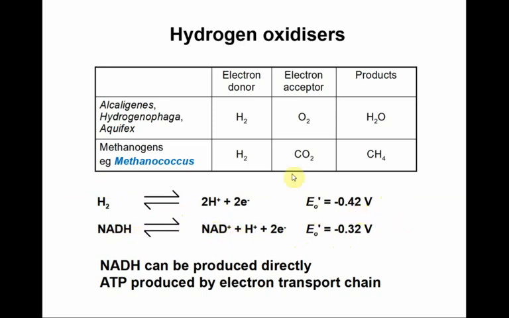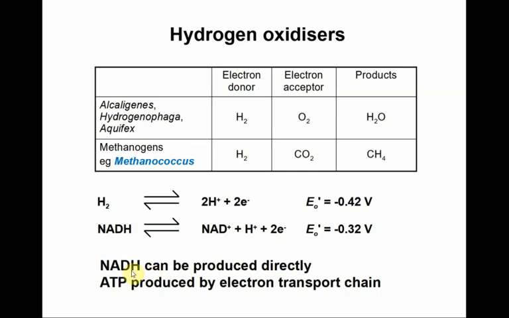So in fact, molecular hydrogen is an even better electron donor than NADH. That means this kind of reaction will go. You can directly move electrons from molecular hydrogen to NADH, so you get NADH produced directly. That's the first reaction in the chain.